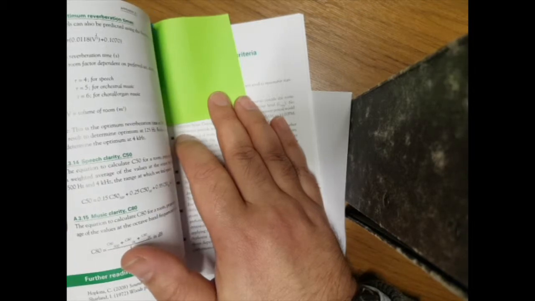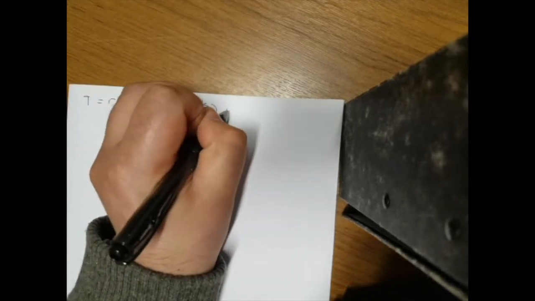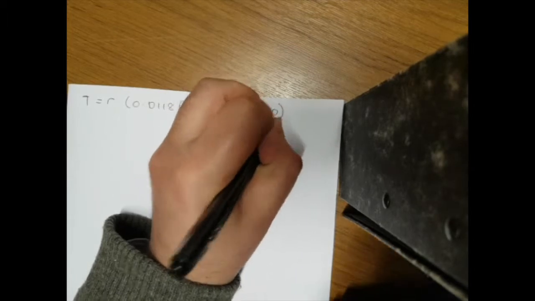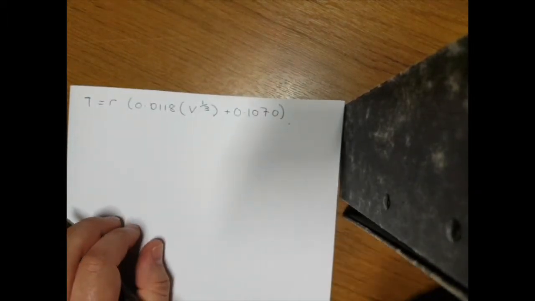Okay, so the first thing I'm going to do is just write it out so we can have a think about how it works. So T equals R multiplied by 0.0118 multiplied by V raised to the power of a third plus 0.1070. Okay, so what does it all mean then?